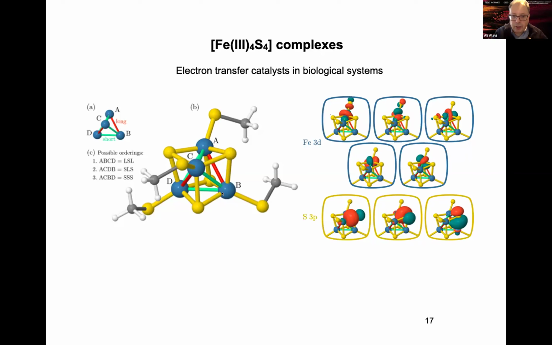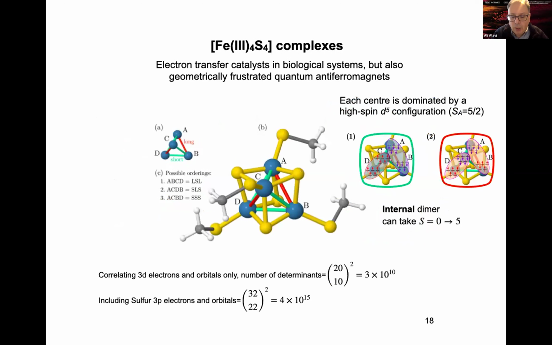And which distortion then occurs in practice depends on the ligands and things like that. Okay, but as I mentioned before, because these iron sites are themselves antiferromagnetic, you end up necessarily with geometric frustration.